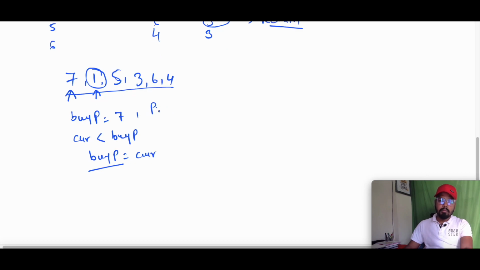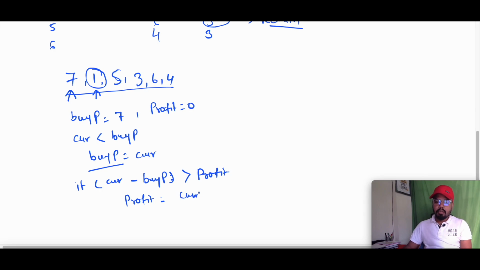The profit will be 0 initially. You have to calculate the profit: if the current element minus buy price is greater than profit, then you update the profit, and profit will be current minus buy price.